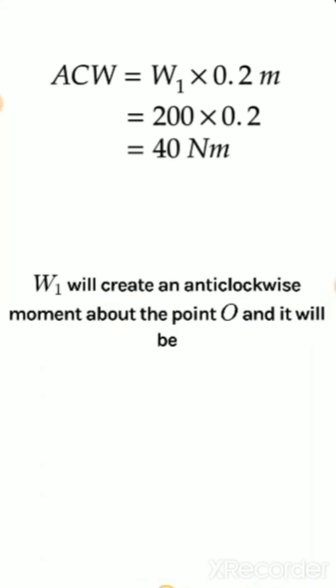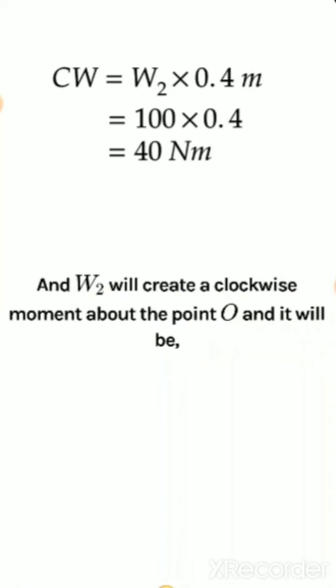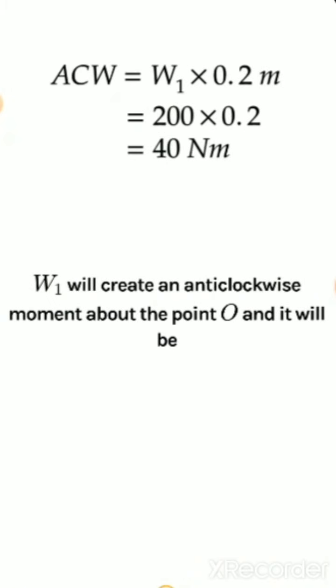W1 creates an anti-clockwise moment about the point O. The clockwise moment is equal to W2 into 0.4 meter, which is 100 into 0.4, equal to 40 Newton meter. W2 creates a clockwise moment about the point O. So the clockwise moment is 40 Newton meter and the anti-clockwise moment is 40 Newton meter.